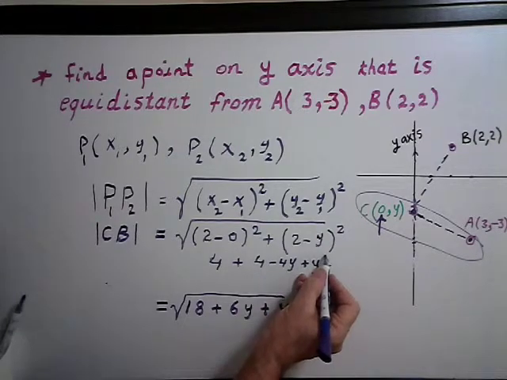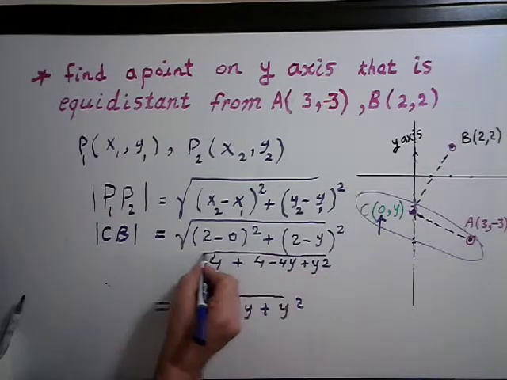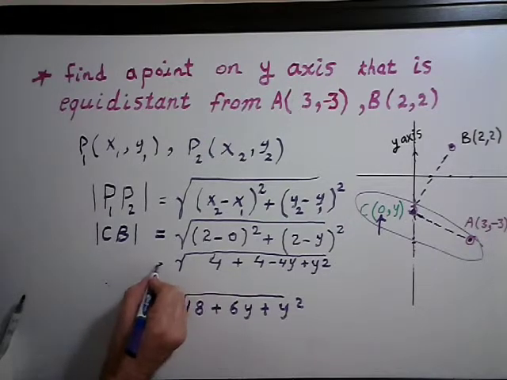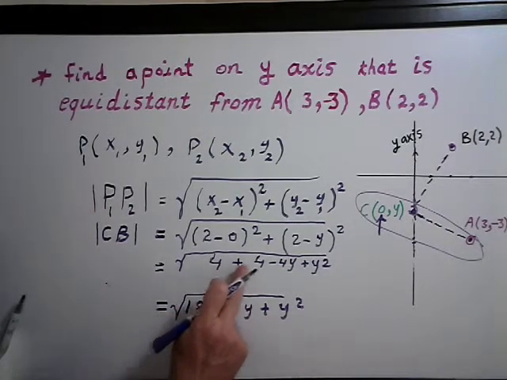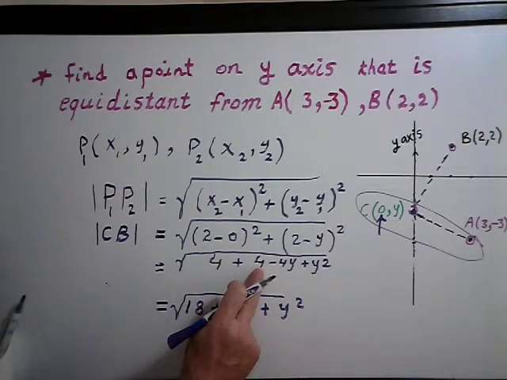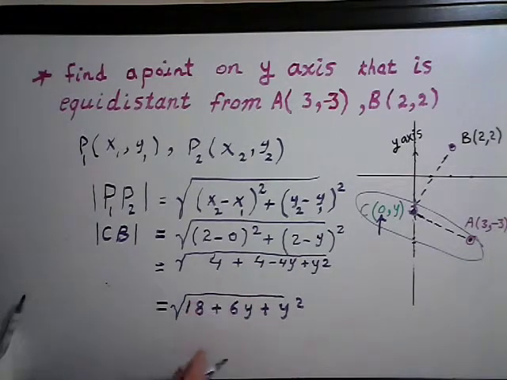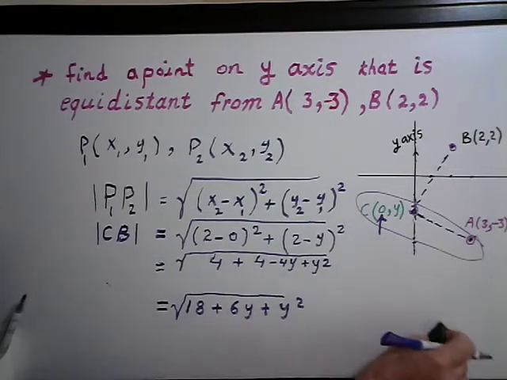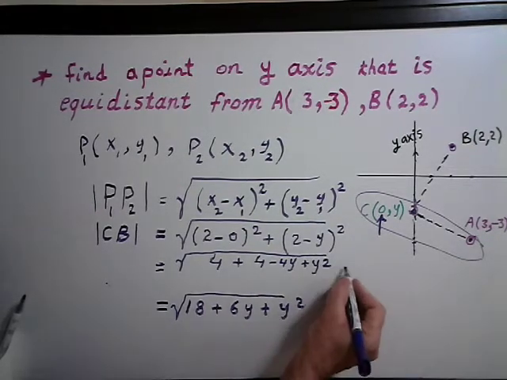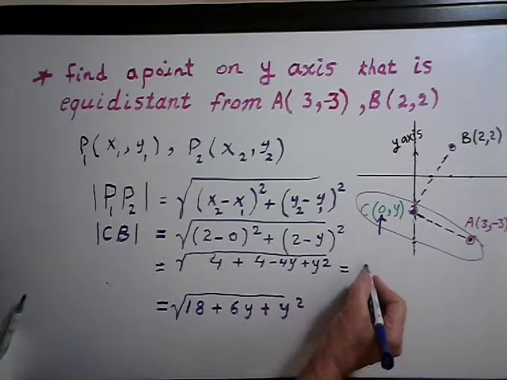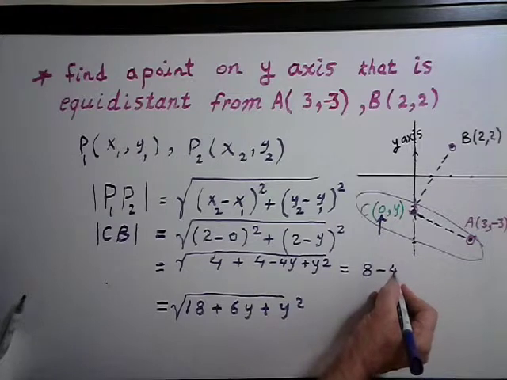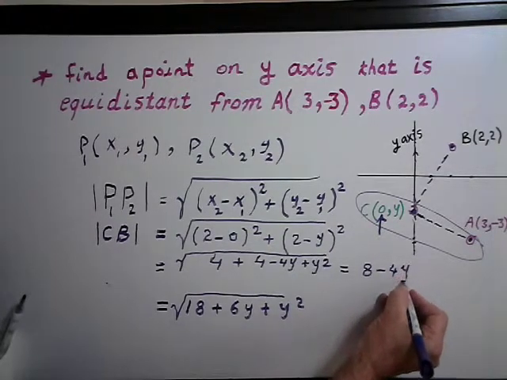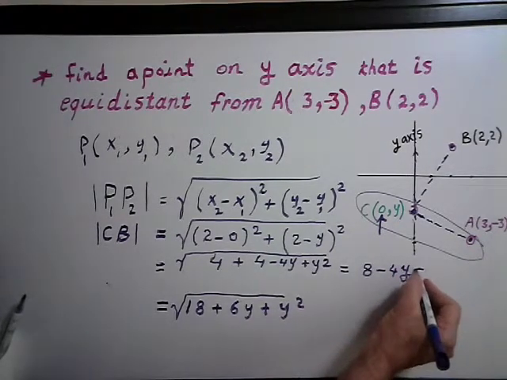And those under the square root, which will be 4 plus 4, that means 8, minus 4y plus y squared.